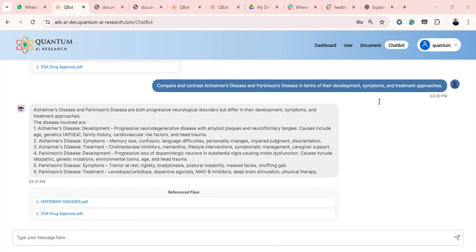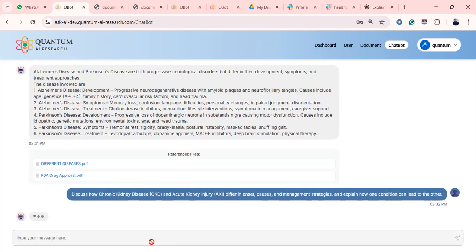Now, let's ask a tough level type of question, which means a very in-depth question. For example: discuss how chronic kidney disease and acute kidney injury differ in onset, causes and management strategy, and explain how one condition can lead to the other. First of all, this question directly indicates the definition part.